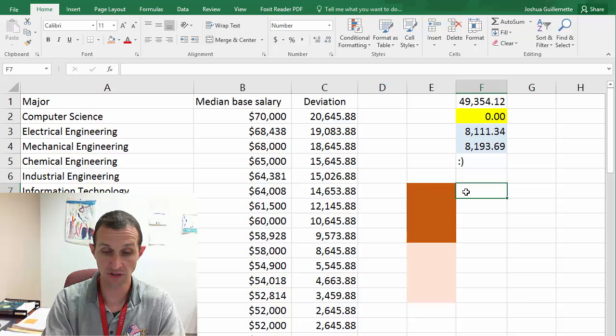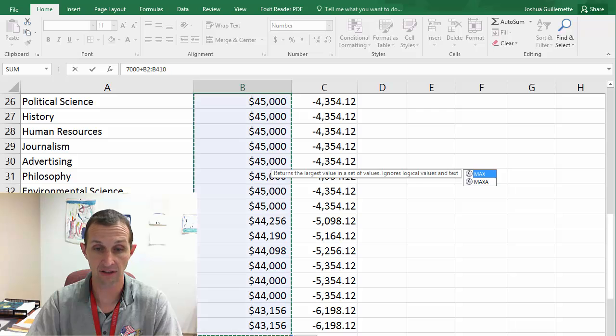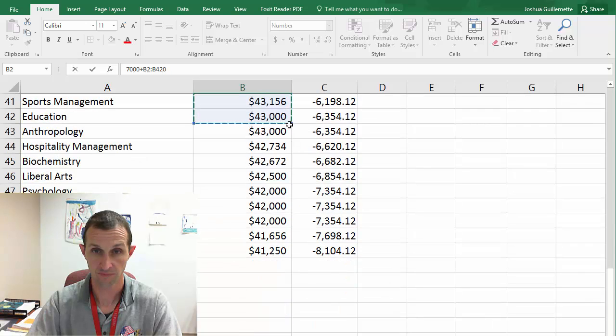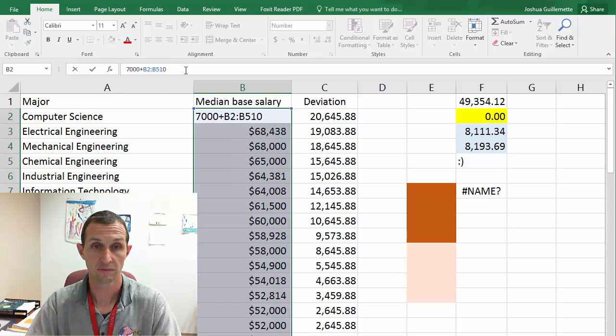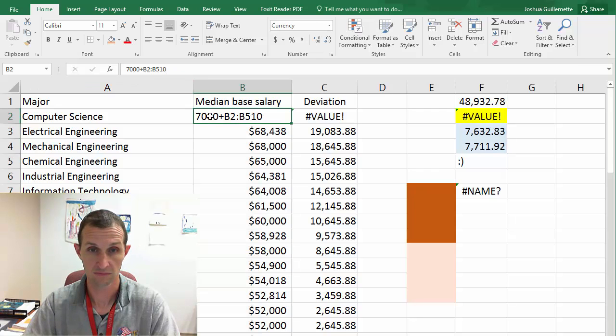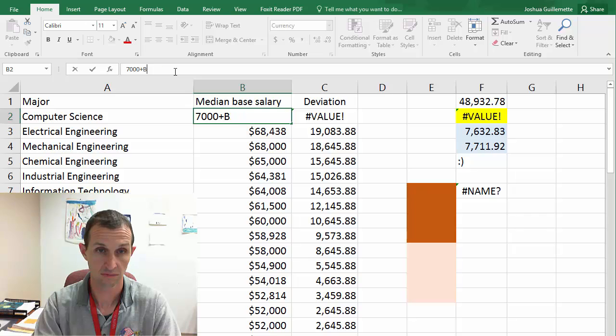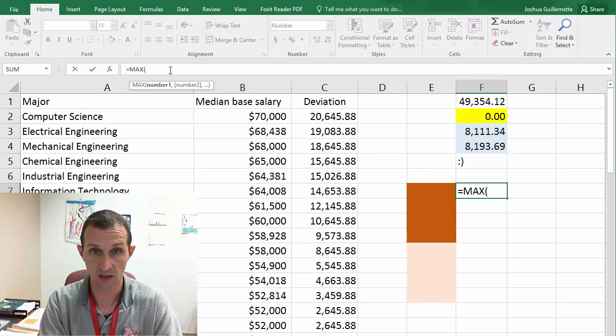And we could do equals the max of all of my median salaries. What is it?